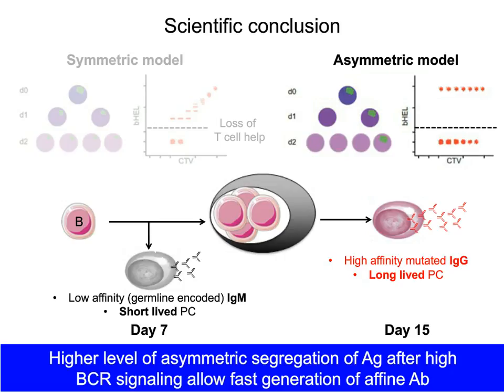These daughter B cells lose the ability to interact with T cells and enter the extrafollicular pathway of differentiation, leading to the formation of short-lived plasma cells that will generate this low-affinity IgM that will protect the patient while waiting for the high-affinity mutated IgG to be produced.